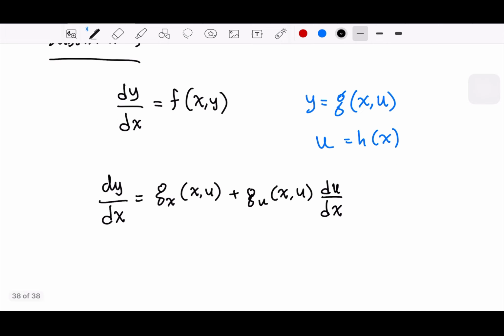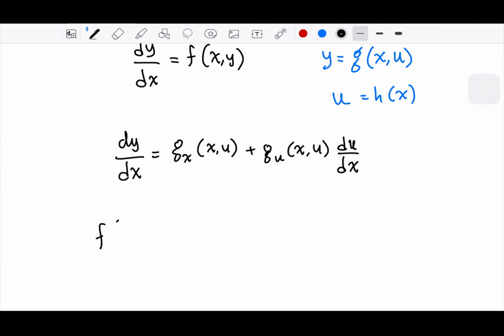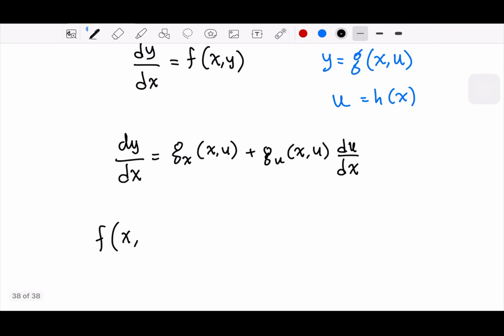So let's see clearly what happens with this dy over dx. We can say this will be x, and remember that y is g. So let's see from another angle.